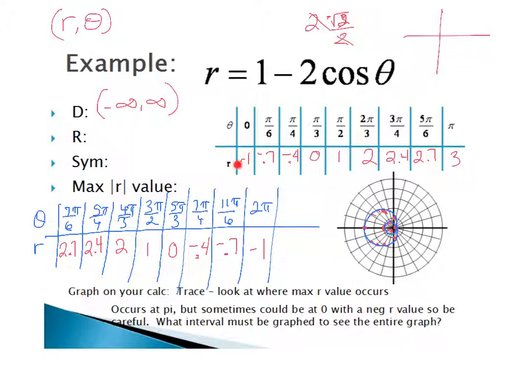The range comes from this table of R values. This is another important reason why we had to do the table. It's really tricky to look at this and see what your range is. It's not your Y values, it's your R values. If I were to guess my R values, it's basically what the smallest R is and what the largest R is.